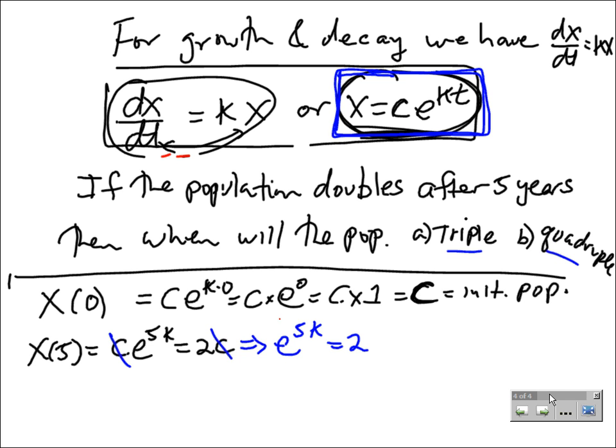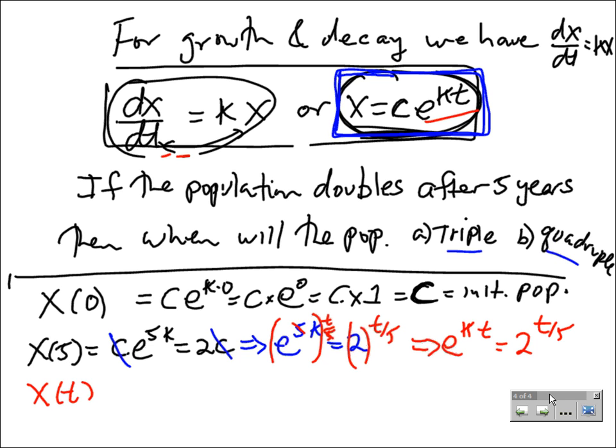So instead of solving for k, I'll get rid of it. I'll get rid of e to the kt. I'll raise to t over 5, which means I multiply the powers. And I hope that you see the t's canceling, the 5's canceling. So that gives me e to the kt is 2 to the t over 5.